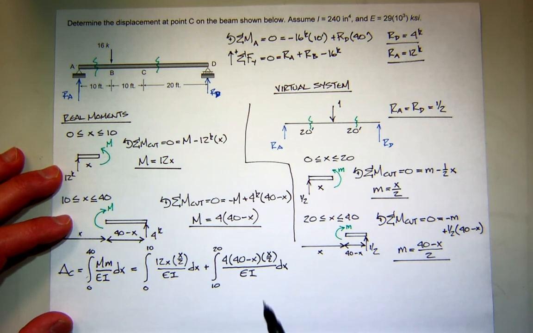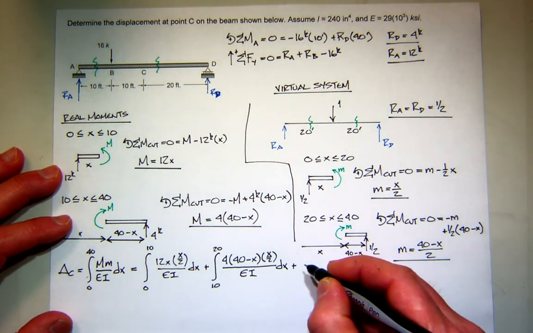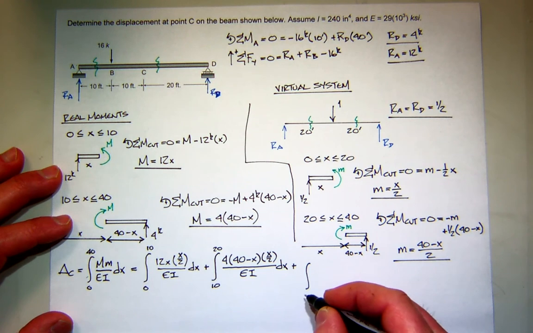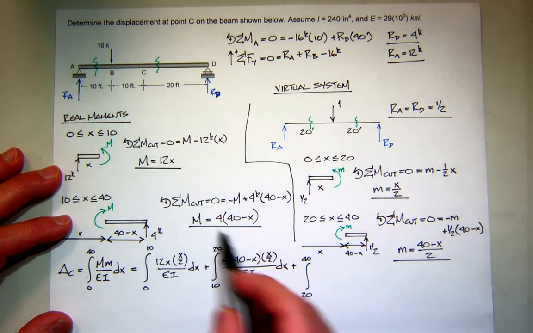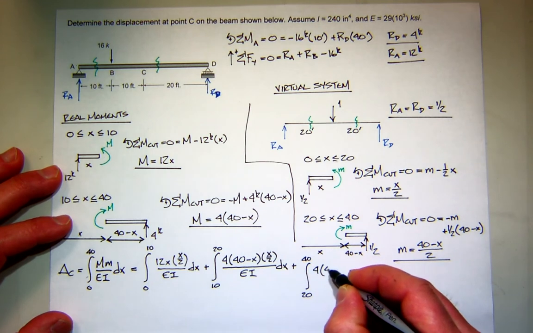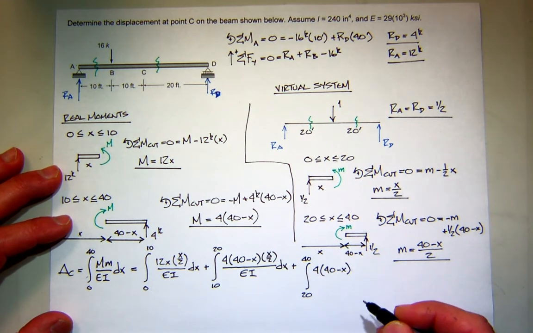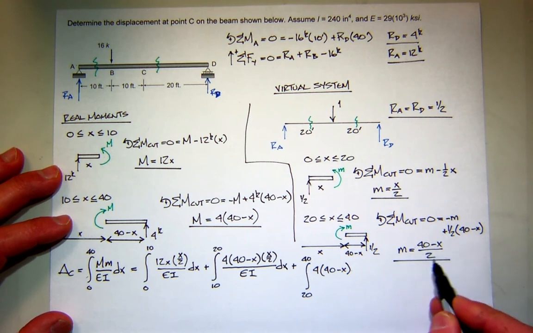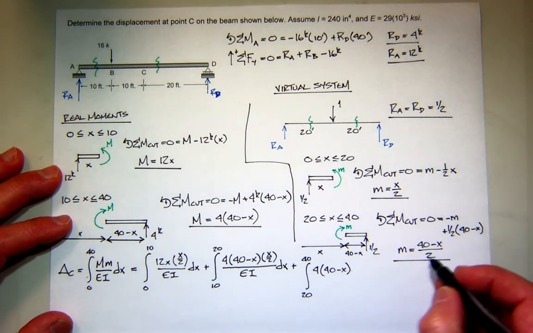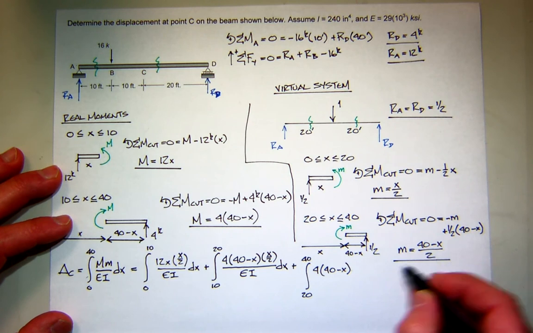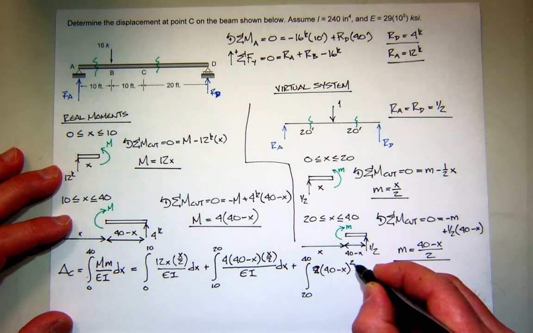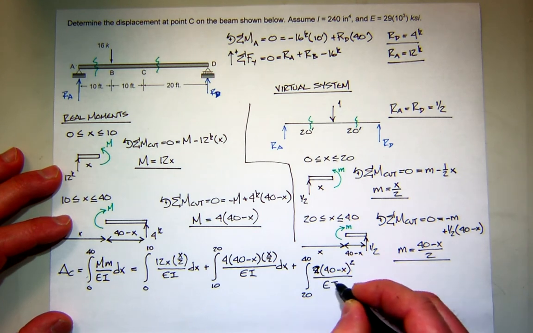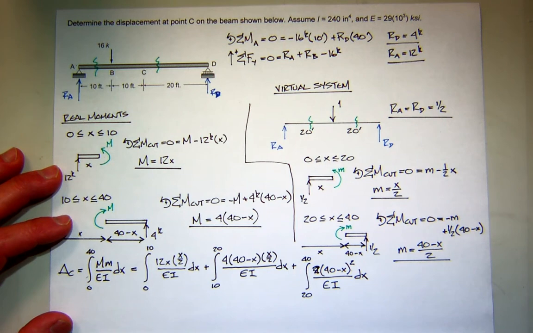And then finally, I can match it from 20. I'm going to have to shift it down here. Sorry, I didn't organize this very well. So I'll go from 20 to 40. My real moment from 20 to 40 is still this value, 40 times (40 minus x). And now I switch to this virtual moment, (40 minus x) over 2. That 1/2, let's make that a 2. How about that? And I can just make that (40 minus x) squared. Everybody see that? Sorry, I can't really erase.